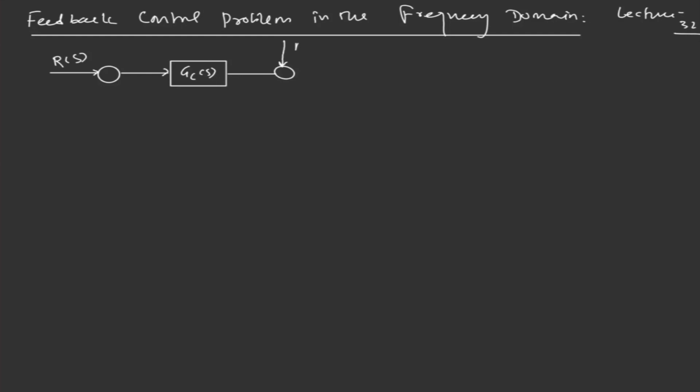Let's denote the disturbance signal MDS. This is U of S, which is given by the controller, and the sum of the control input and disturbance, which is denoted by UES, goes to the plant to be controlled, GP of S, and this is the output from the plant, Y of S.